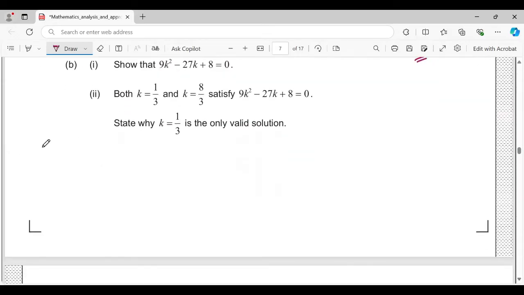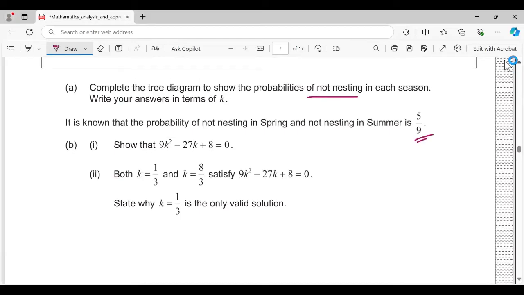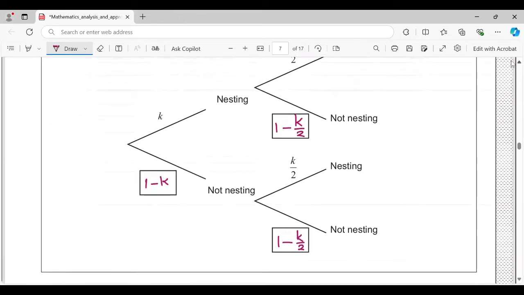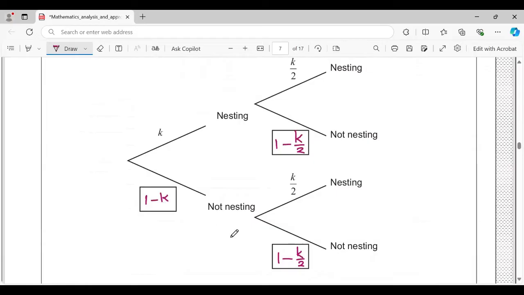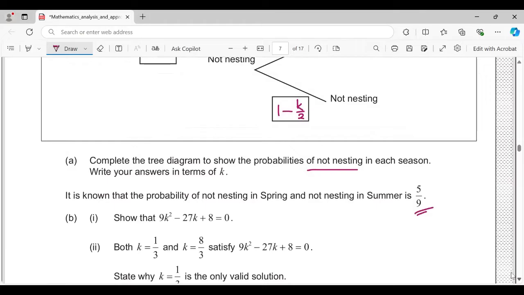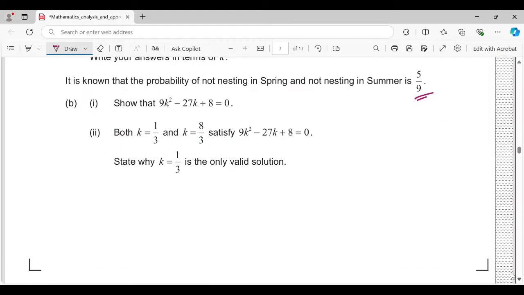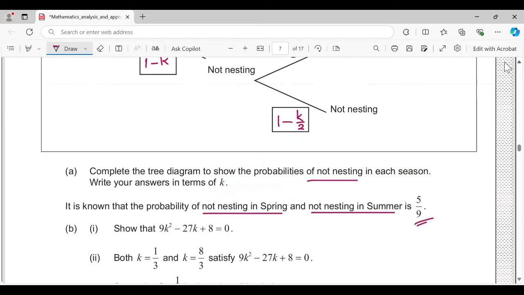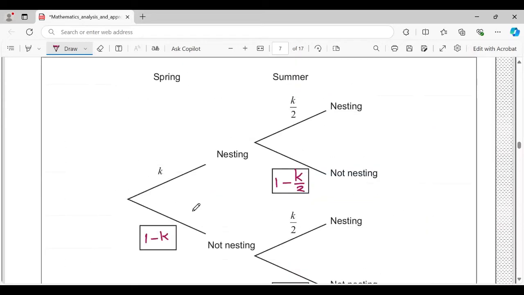So look, this is the probability that 1 minus k times 1 minus k over 2. Not nesting in spring, this one, and not nesting in summer, this.